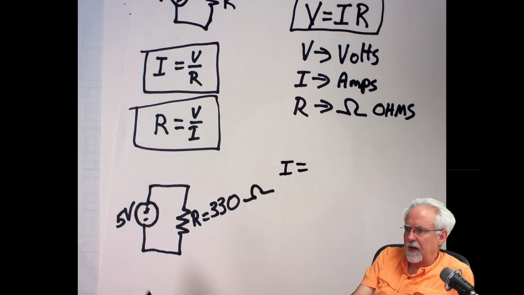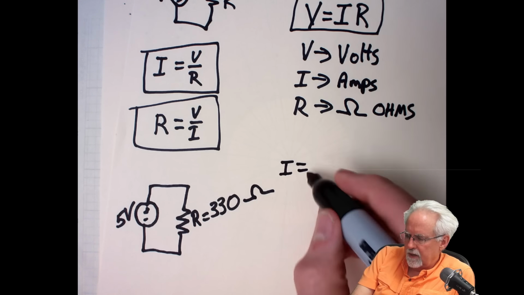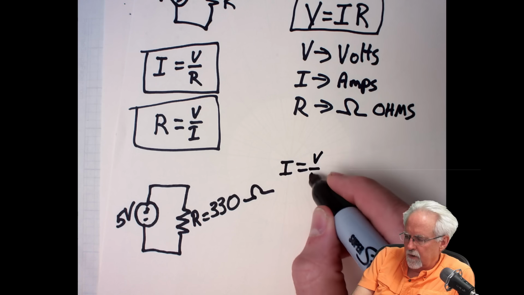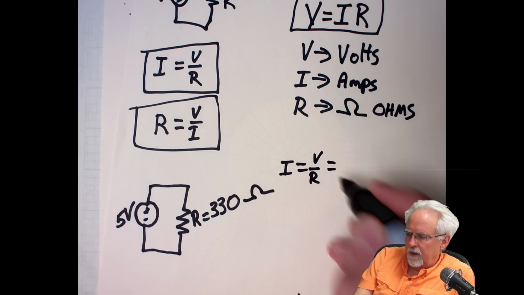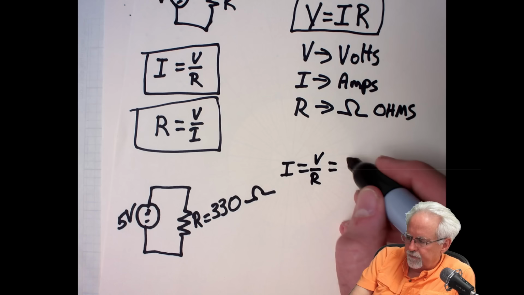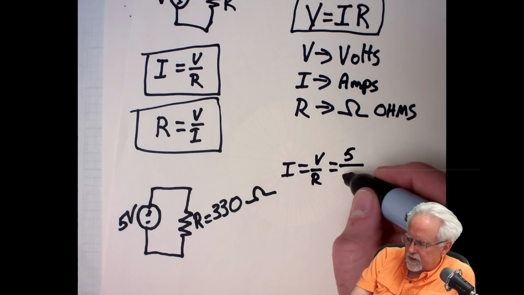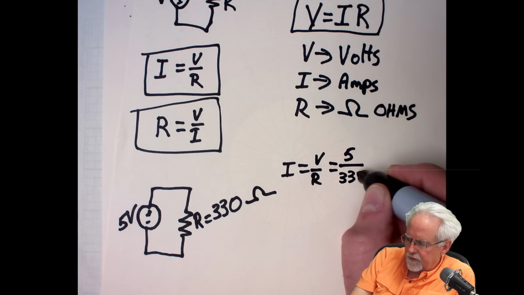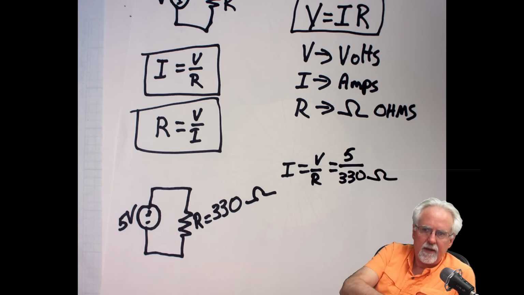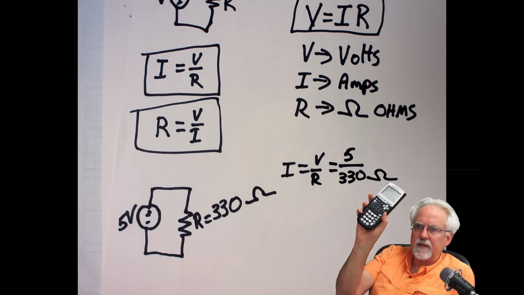Well, the current, I would use this equation, is equal to V over R, which, what's my voltage? 5 volts over the resistance, 330 ohms. And then I get out my nice scientific calculator.